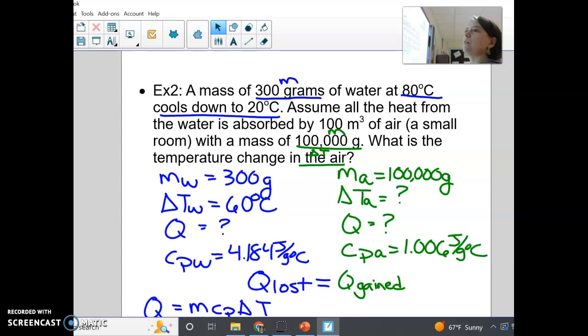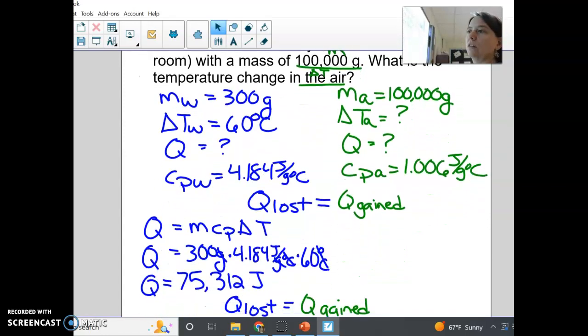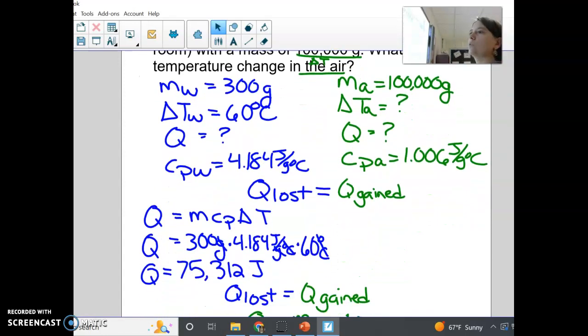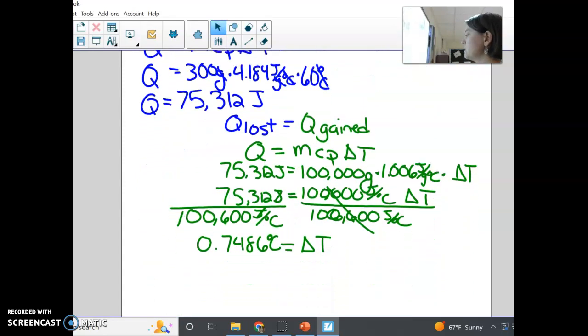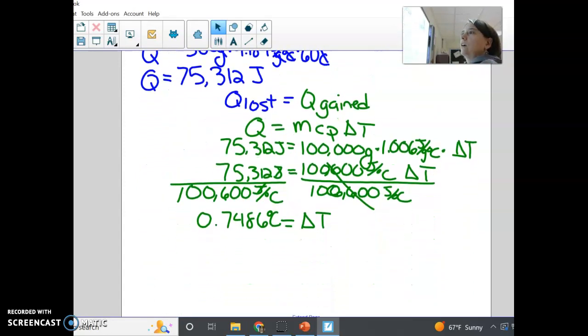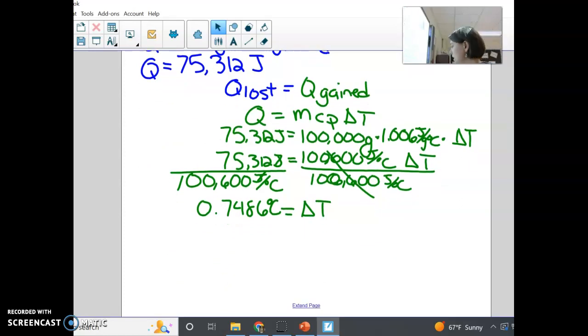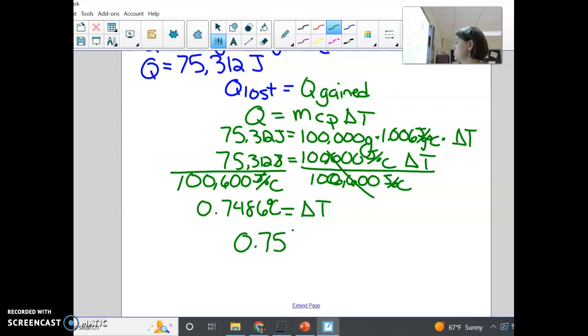And let's see, if a beaker of water, 300 grams, cools down 60 degrees, is it going to heat a room up very much? No. And indeed, it heated it up less than 1 degree. So 0.57 degrees Celsius is our change in temperature of the air. That makes sense. All right, good job.